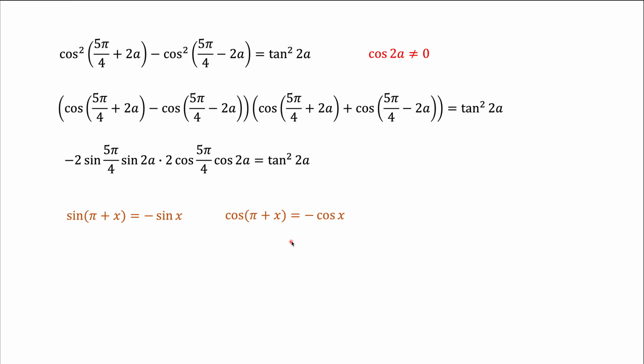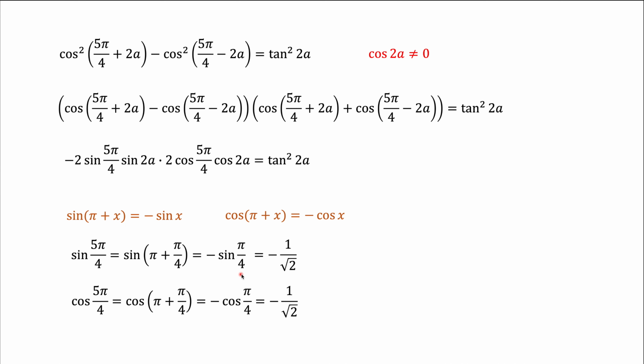We want to use these formulas because 5 pi over 4 is actually pi plus pi over 4, which gives us minus sine pi over 4. And we do know what sine of pi over 4 is. Sine of 45 degrees is 1 over square root of 2. So the answer here is minus 1 over square root of 2.